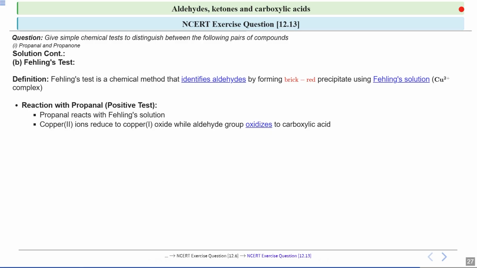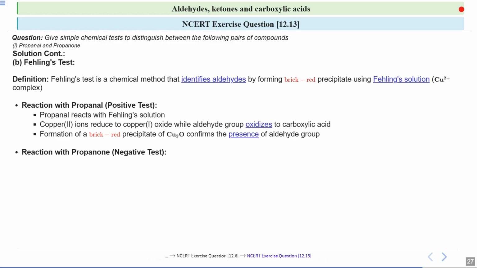If you see carefully, this is a redox reaction where electrons are transferred between two substances. As a result, a brick red precipitate of copper 1 oxide forms. This solid is easy to see, and it confirms that an aldehyde group is present in the sample. So if you see this color, you know you have an aldehyde.